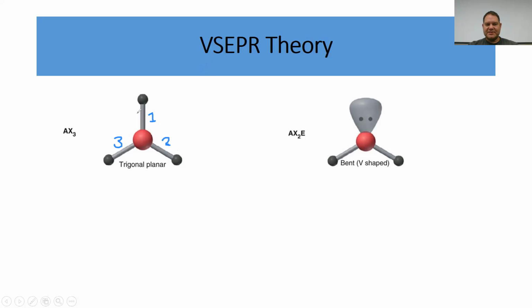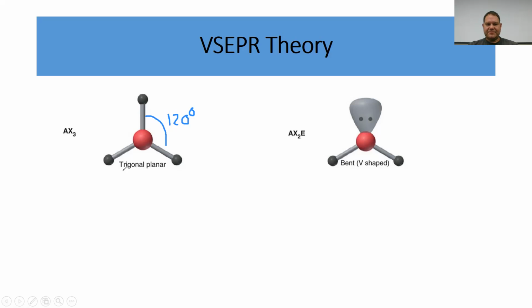So the maximum distance that these domains can be from one another, so the angle from here to there, is 120 degrees. And you probably could have guessed that, right? You have three domains, and the furthest they can get away from each other is 120 degrees.